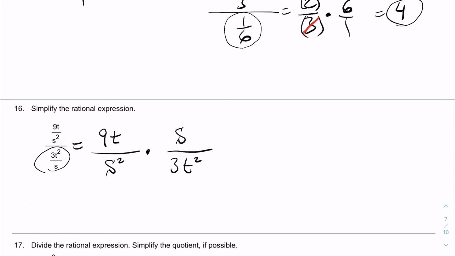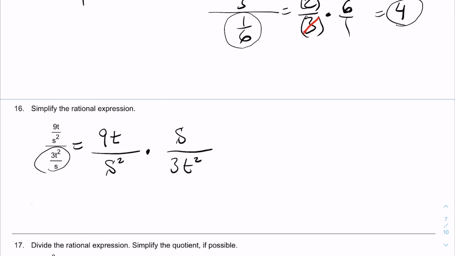So now what we need to do is reduce. And you can just reduce it as it is. If we wanted to do it like we've been doing it, which is not really necessary when the problem is not as complicated. Let me just double check that I wrote down the problem correctly.